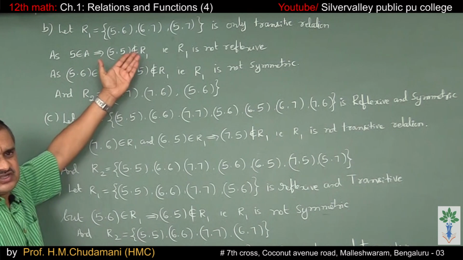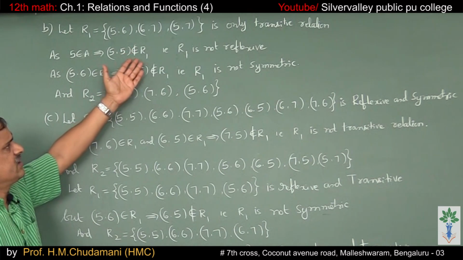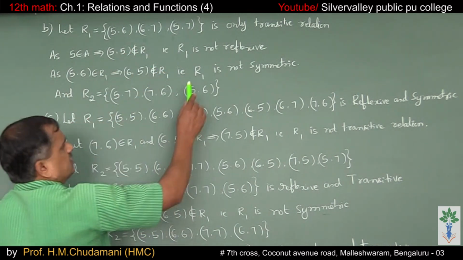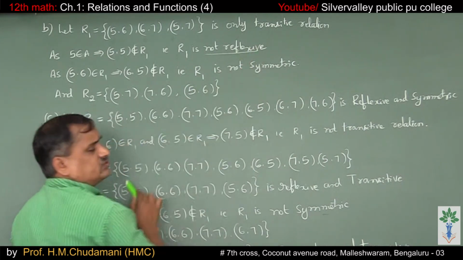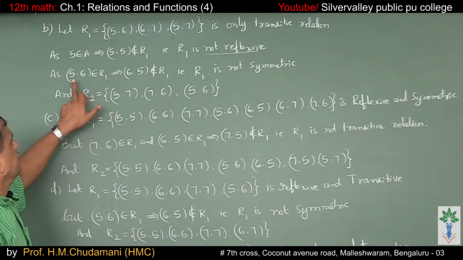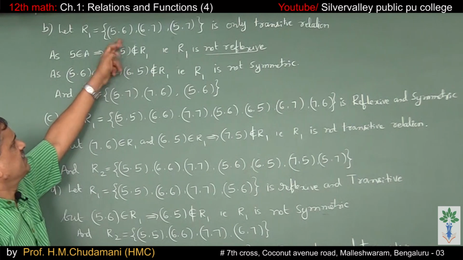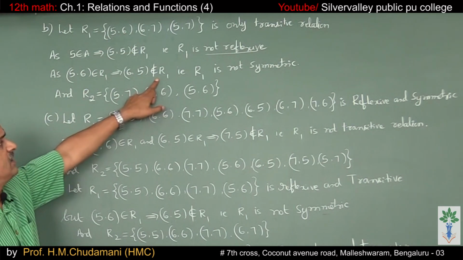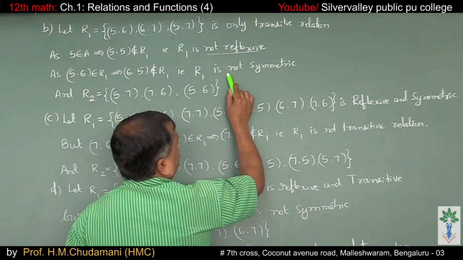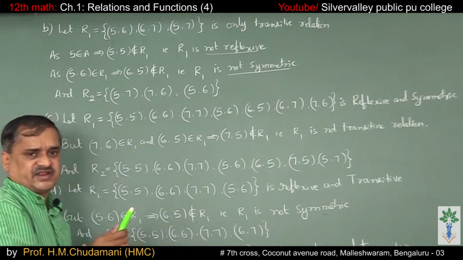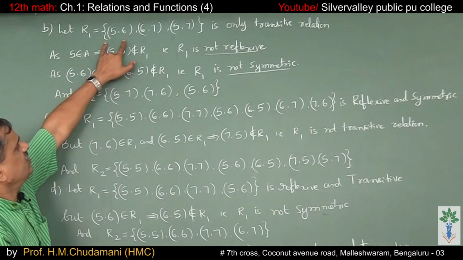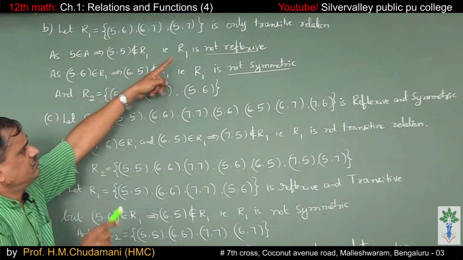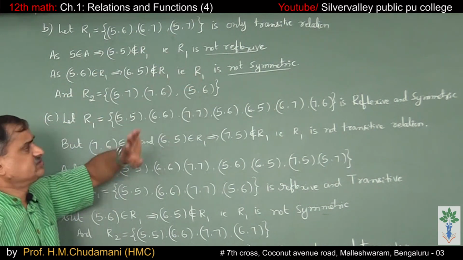Even 6 comma 6 does not belong to the relation, and 7 comma 7 likewise. That means R1 is not a reflexive relation. Then 5 comma 6 belongs to the relation, but 6 comma 5 does not belong to relation R1. That means R1 is not a symmetric relation. So therefore R1 is only transitive but neither reflexive nor symmetric.